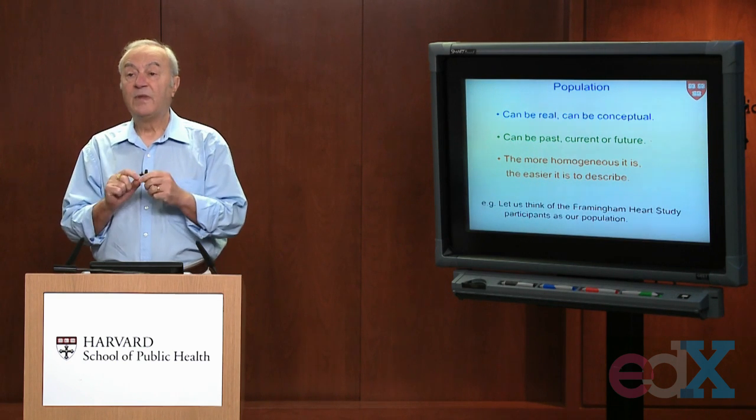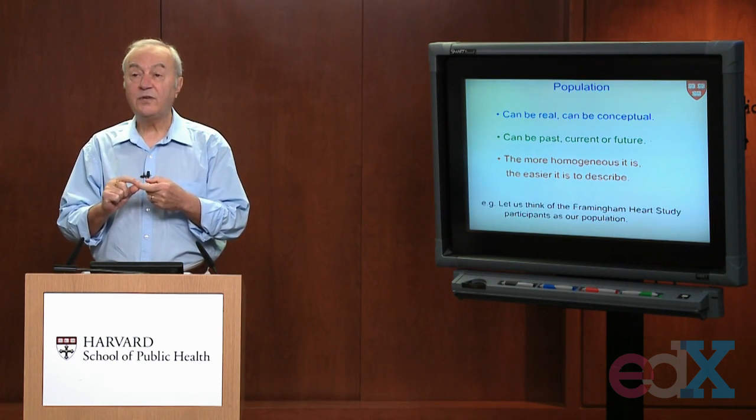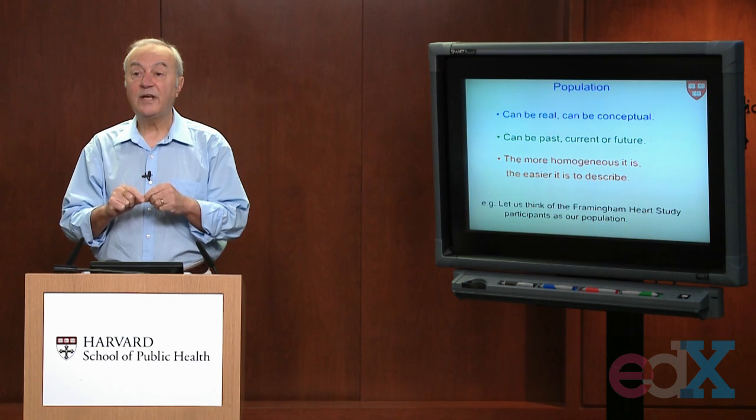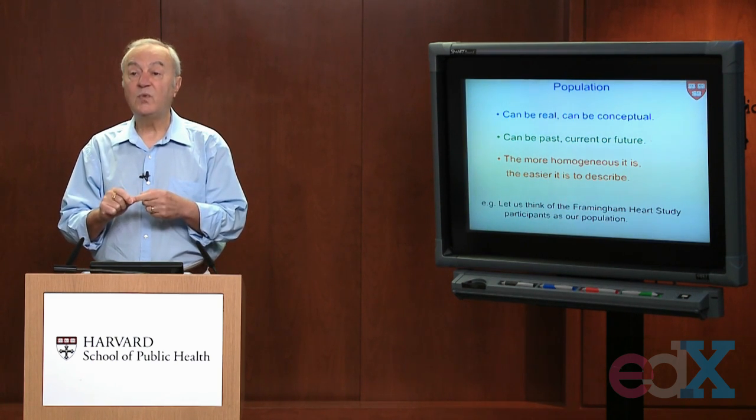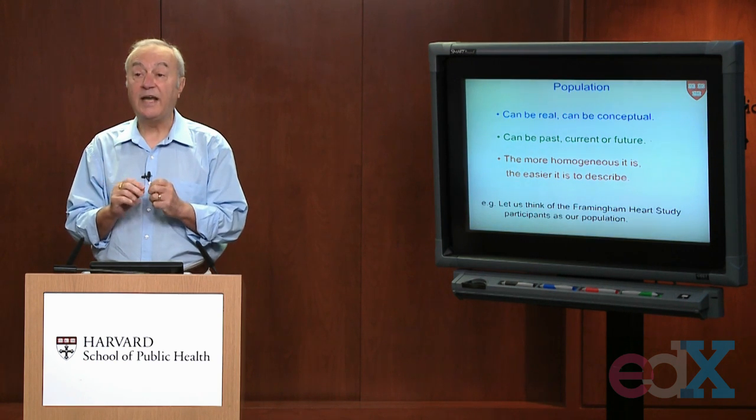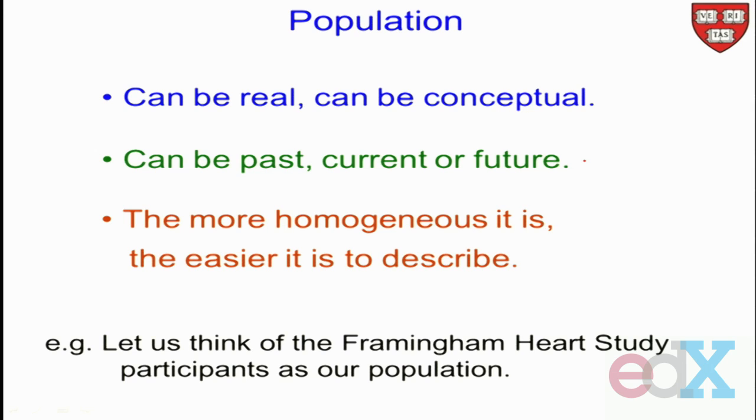Now, what we're going to do henceforth is we are going to try an exercise. So you've seen the Framingham Heart Study data, all 4,434 patients. Now, you've got that data set. Let's consider them as our population.